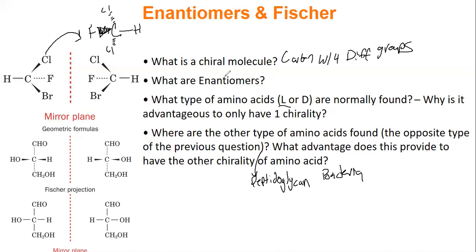Well, if we have enzymes that only work with L amino acids, one way to defend against those enzymes is to simply make a D amino acid. Because if you have a D amino acid, the enzymes that work on L amino acids no longer work.